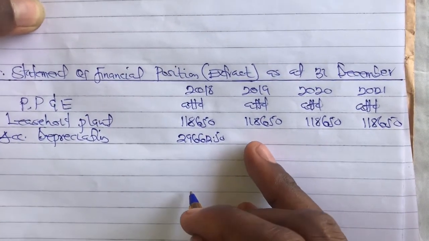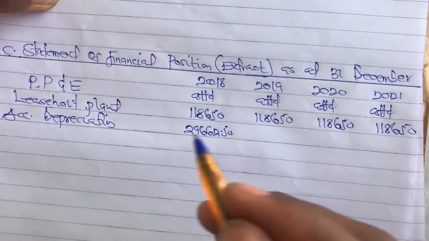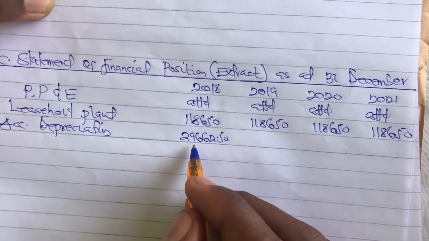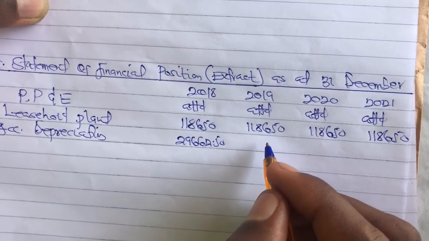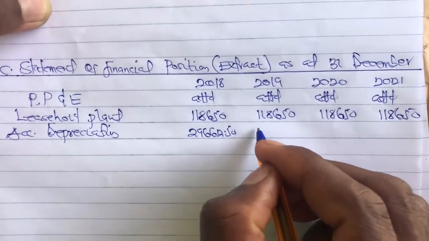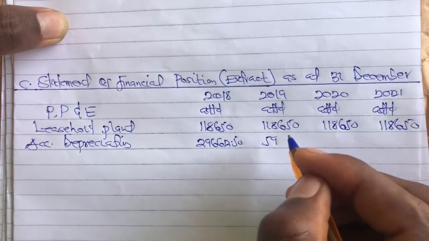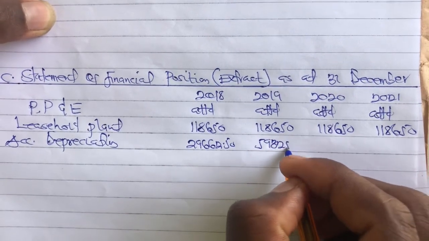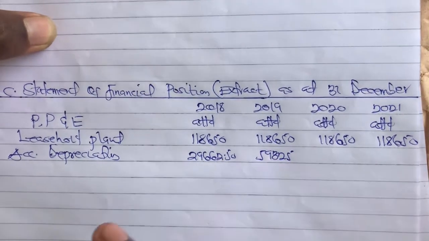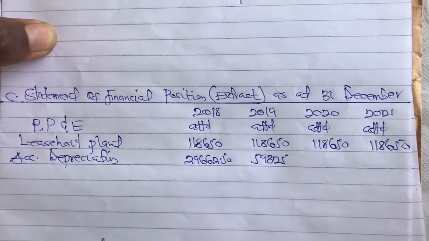For 2019 it was the same thing, so we add the previous depreciation, 2018 to 2019, to accumulate it, and that is going to give us 59,325 as the accumulated depreciation for 2019.